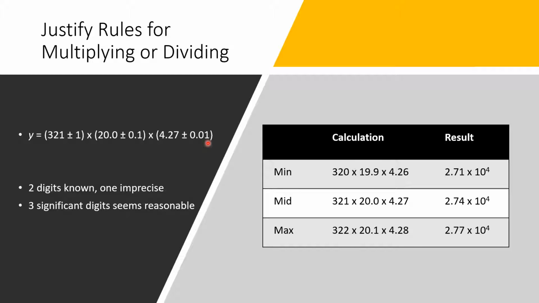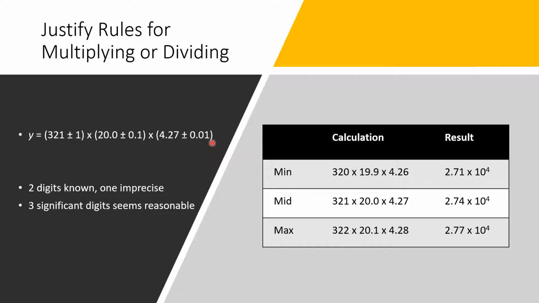Then we'll use the middle value, so we'll multiply 321 times 20 times 4.27. And then we'll do the reverse, using the bottom of the range. So it'll be 320 times 19.9, in other words, 20.0 minus 0.1, and 4.27 minus 0.01, which would be 4.26.